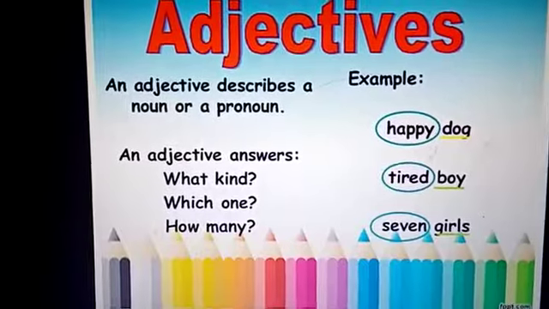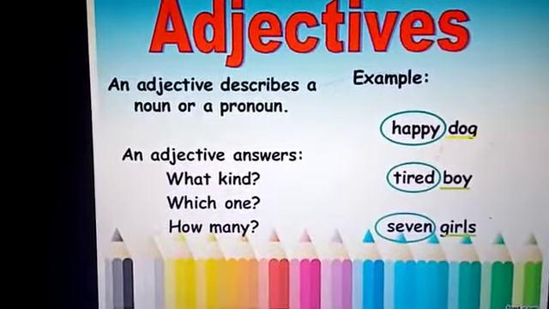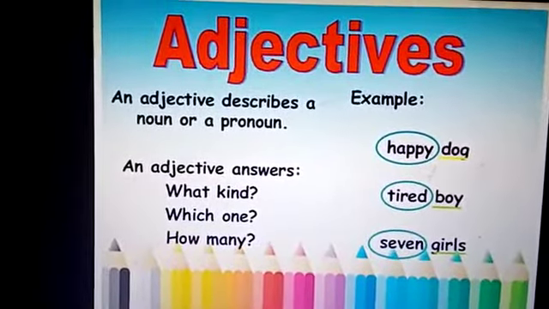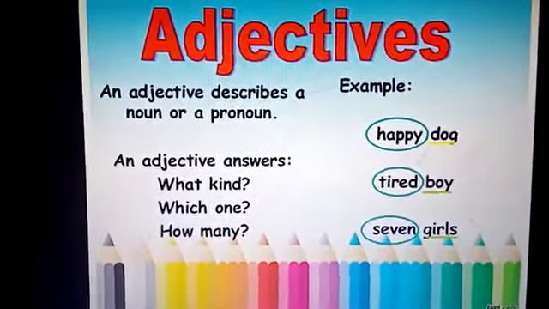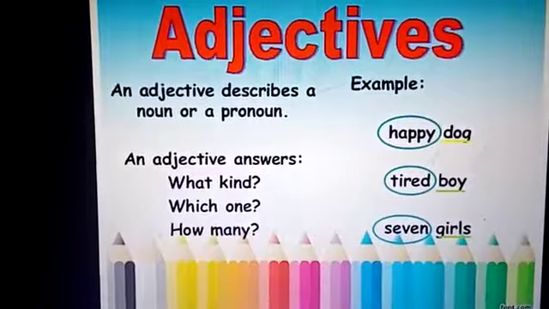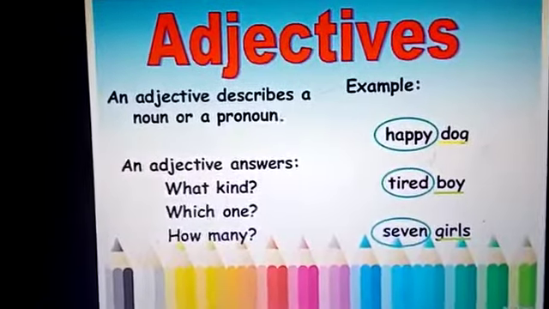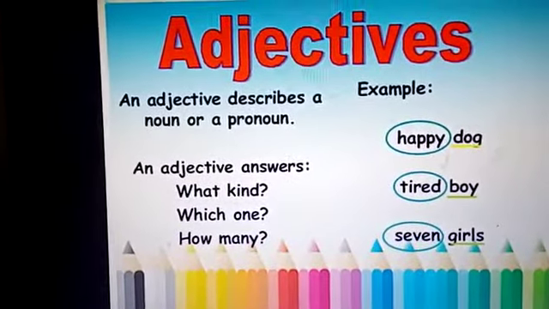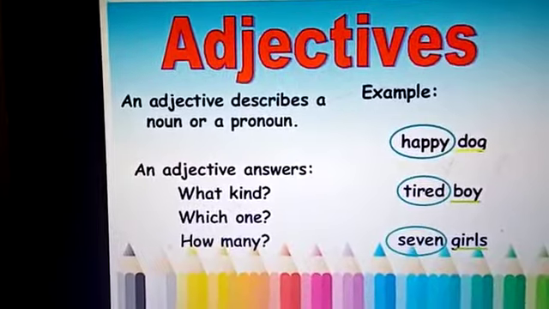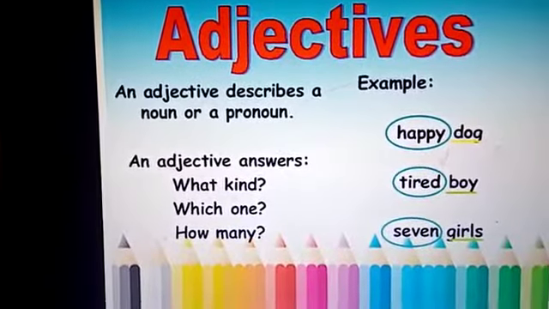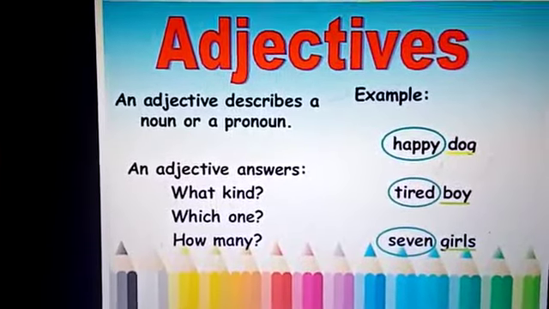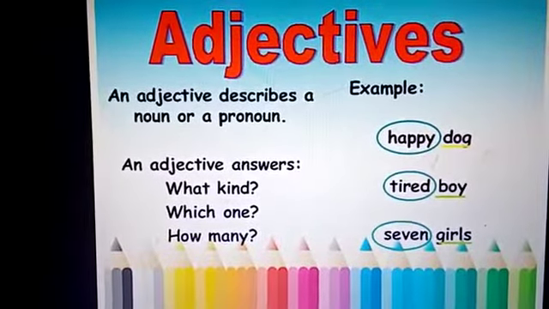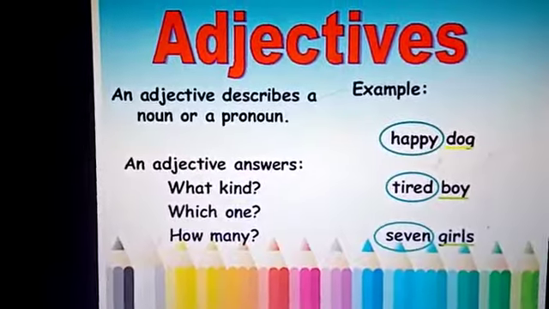What kind of dog? Happy dog. What, which one, and how many? These are the questions you can ask and find the reply. What answer do you get? That is the adjective. Happy dog. Which one? The tired boy. How many girls? The 7 girls.